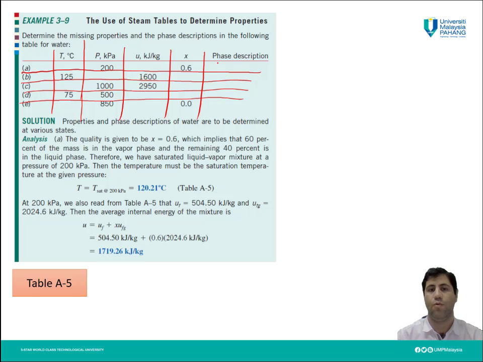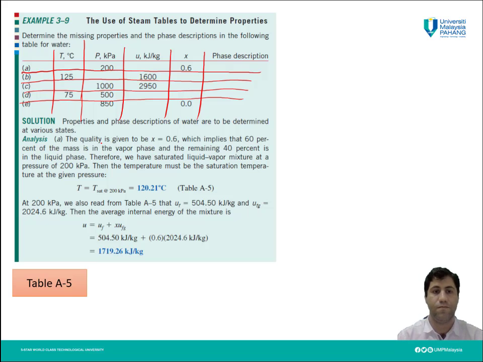We need to find the properties for different states, and write the phase for that state, which is saturated liquid, saturated vapor, or saturated liquid vapor mixture, superheated vapor, or compressed liquid, according to the information which we can find for these properties. So let's see step by step for different states.